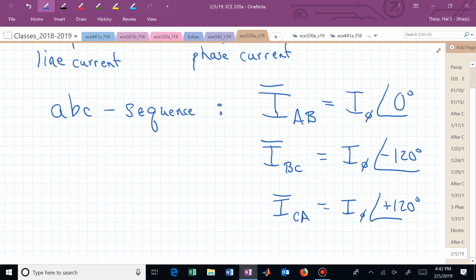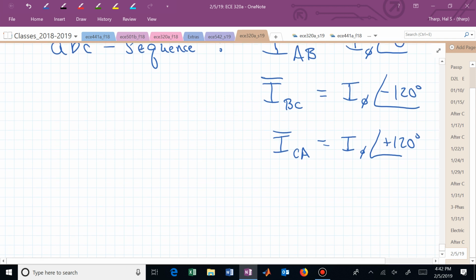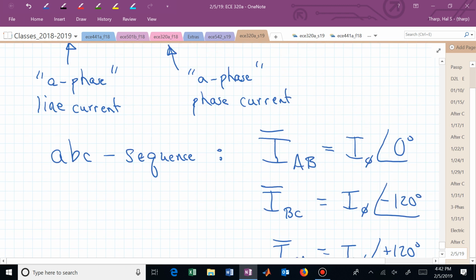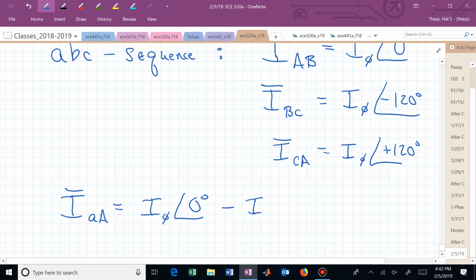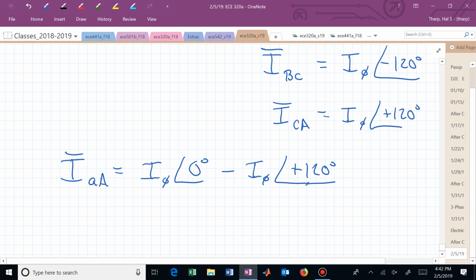Now we can do what we did before. We can plug in: I sub AA is just I sub AB, which was I sub phi at an angle of 0 degrees, minus I sub CA, which is now I sub phi at an angle of plus 120 degrees. There's just a little bit of a difference.